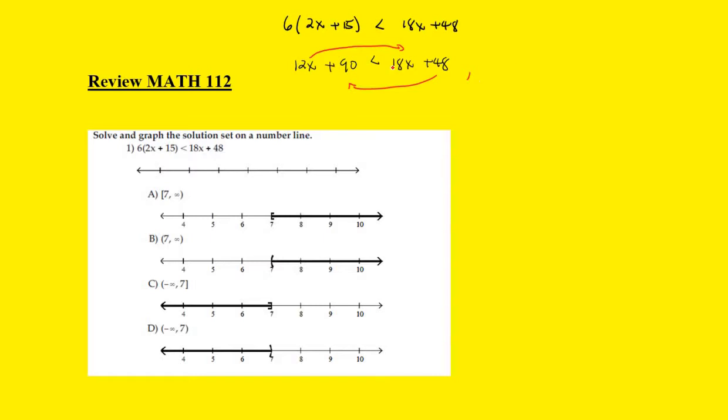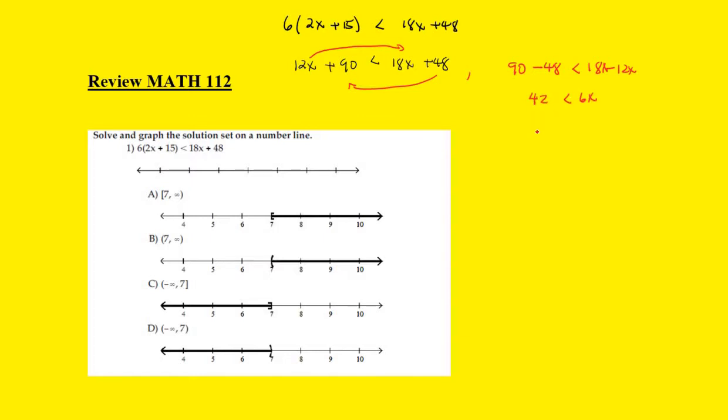In this case, we have 90 minus 48, because when 48 crosses the unequal sign it changes its sign, smaller than 18x minus 12x, and the same thing happens with 12. So 90 minus 48 is 42, and this is smaller than 6x.